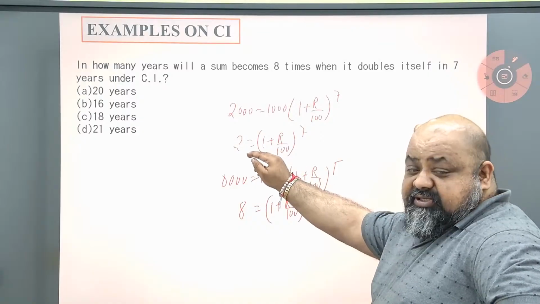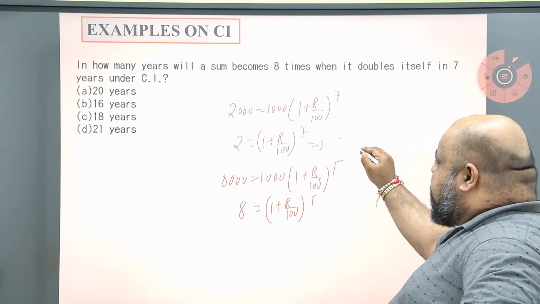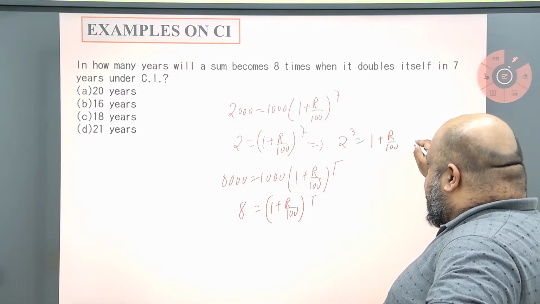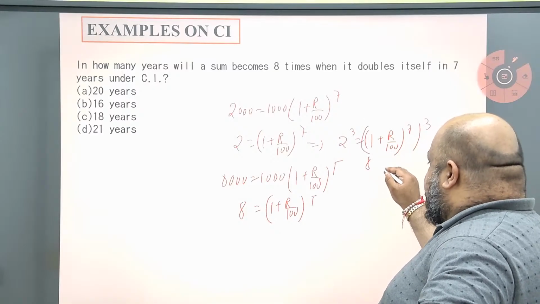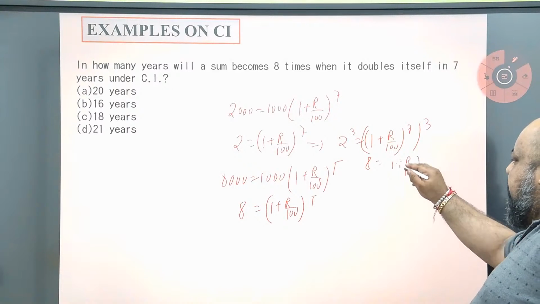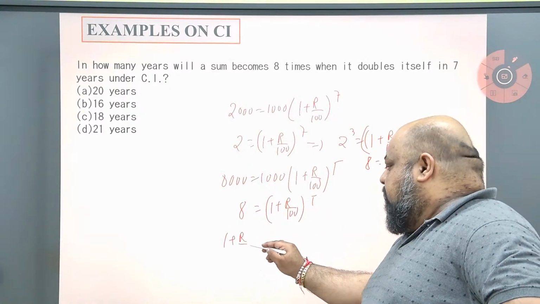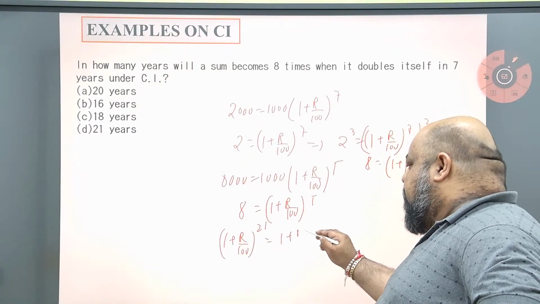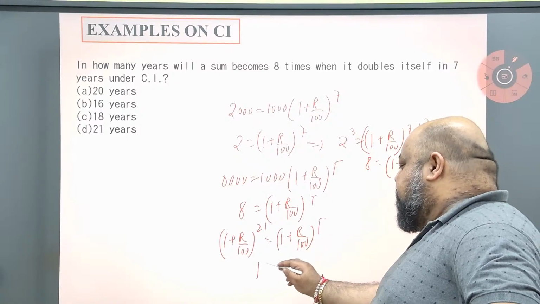Now I have to make this 2 an 8 with the power. So I take the cube on both sides, which means 8 will be equal to (1 plus r upon 100) raised to power 21. So (1 plus r upon 100) raised to power 21 is equal to (1 plus r upon 100) raised to power t. Since the base is the same, t becomes 21.